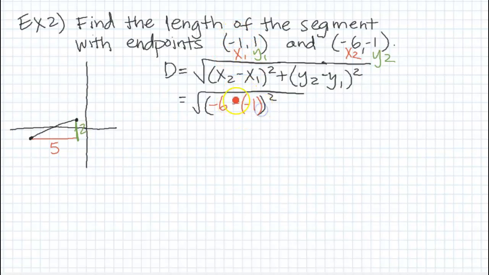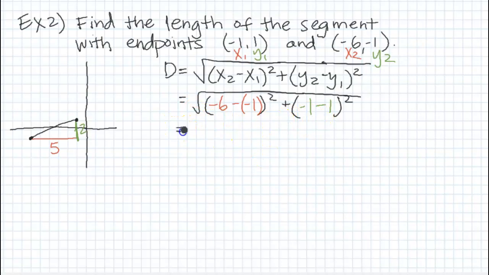So I'm actually going to make sure I write two negatives, so minus a negative. I do have a double negative there. Then I need to add that to y2, which is -1, minus y1, which is 1. And that quantity will be squared.